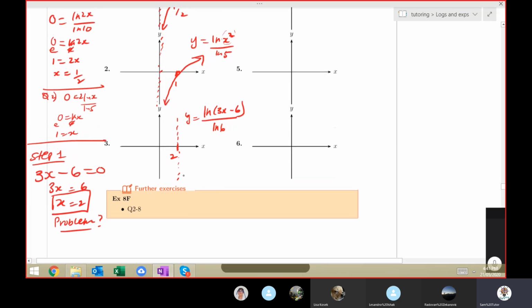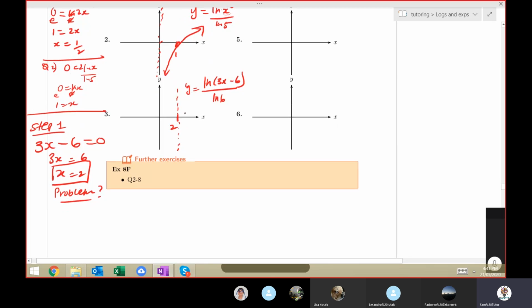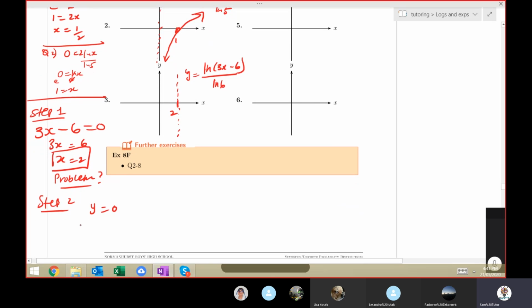See, for your exponentials, I'll finish this one off. So when y is 0, step 2. Y equals 0. So it'll look like this. 0 equals log 3x take away 6 on log 6. Then obviously you times it, doesn't do anything.